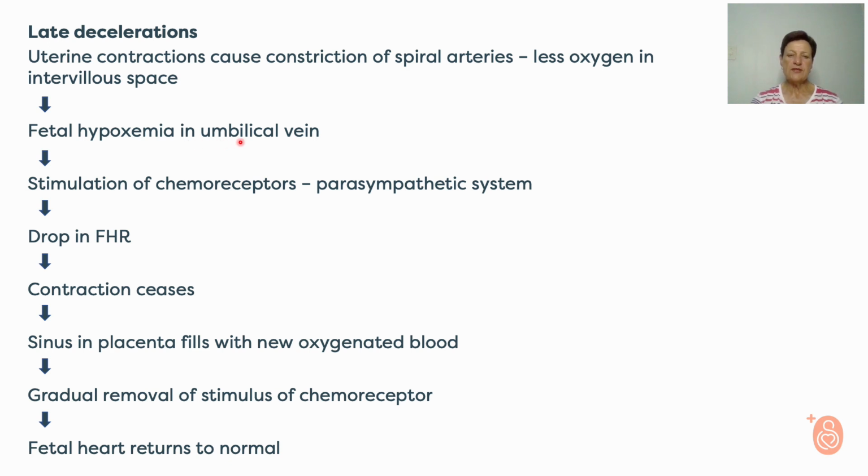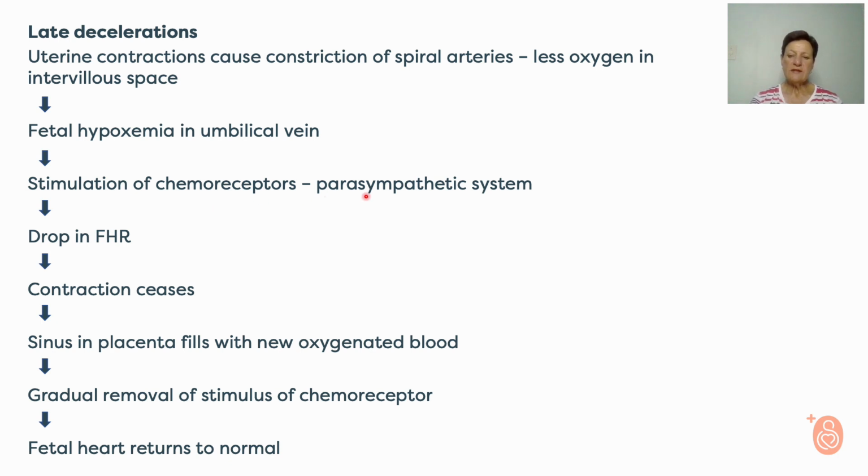The blood that now goes from the villi through the umbilical vein to the fetus has a lack of oxygen in it, and when it gets to those chemoreceptors that sit there at the top of the fetal heart, it stimulates these chemoreceptors, which stimulates the parasympathetic system.